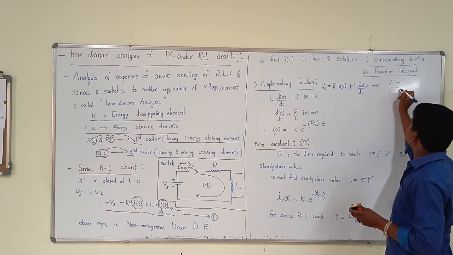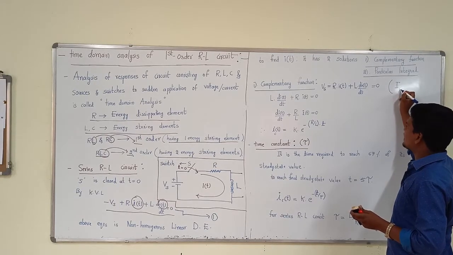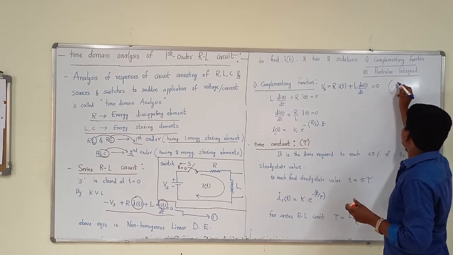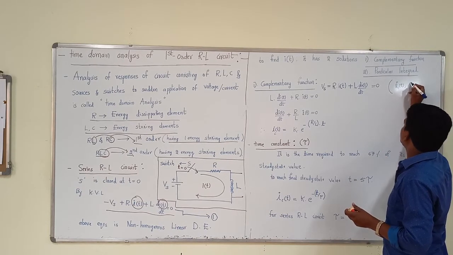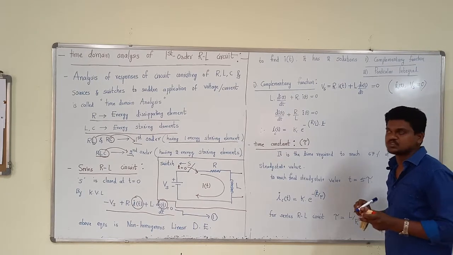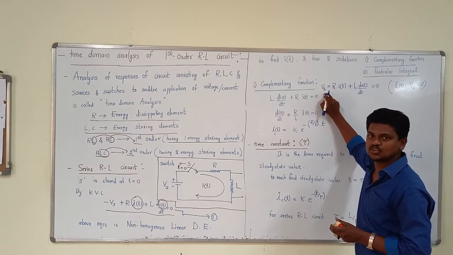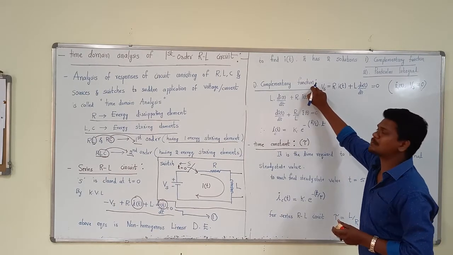The complementary function means I of t for the complementary solution, generally IC of t. To get IC of t, the source must be 0. Whenever we equate the source to 0, then we will get this complementary function.